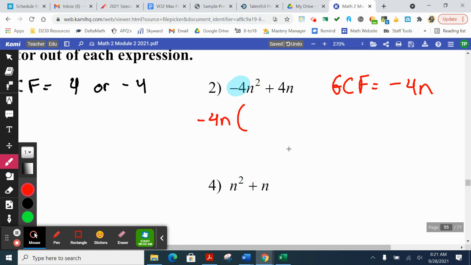So what you're thinking here, negative 4n times what would give me a negative 4n squared. Write that down. See if we're understanding what that would have to be. All right, what do we think? A negative 4 multiplied by what would give us a negative 4?